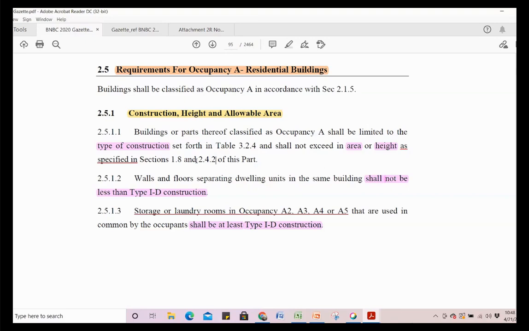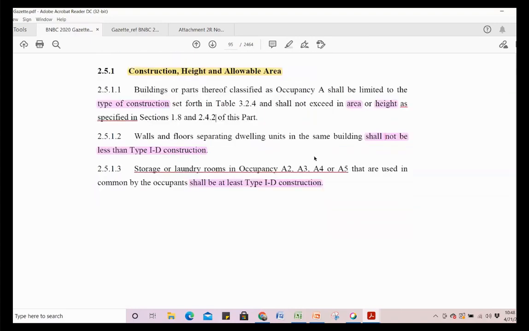At the same time, let us include another subsection, that is section 1.9. It specifically gives us information on height. So that will also be consulted time and again.